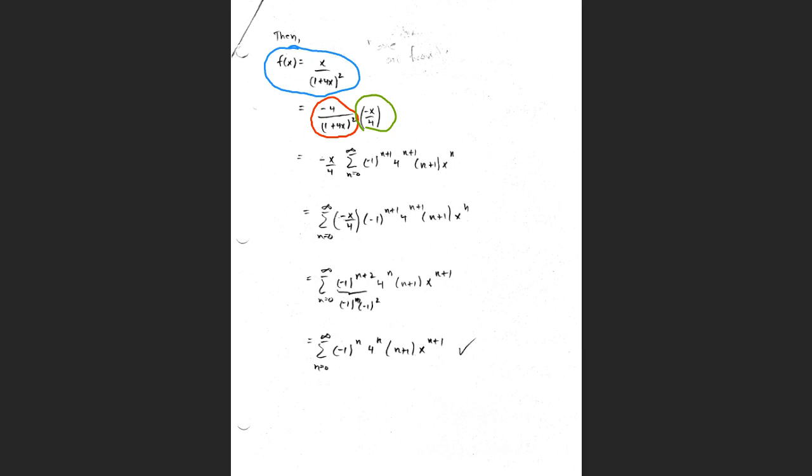The -4 over 1 plus 4x squared, we already found the power series for that. And now we can bring in that -x over 4 in front. We can bring it inside the series, as I do here.